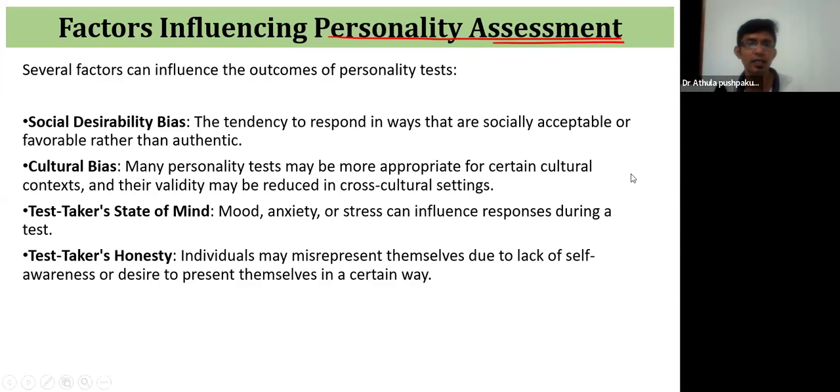The first is called social desirability bias. That means the tendency to respond in ways that are socially acceptable or favorable rather than authentic.